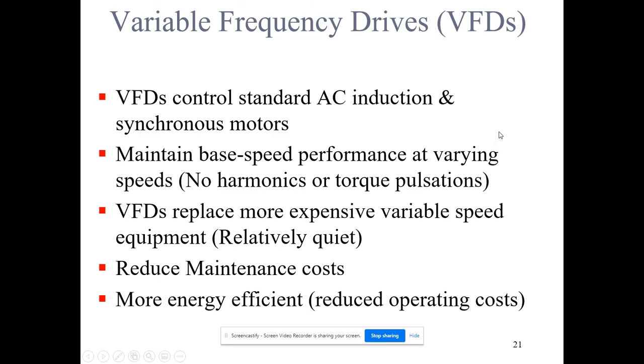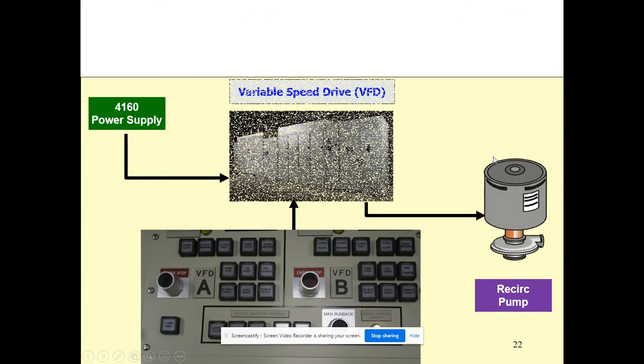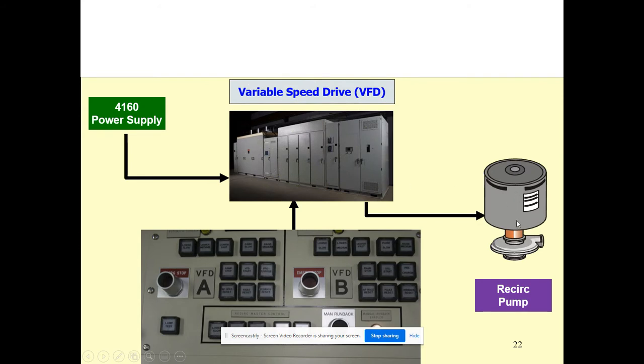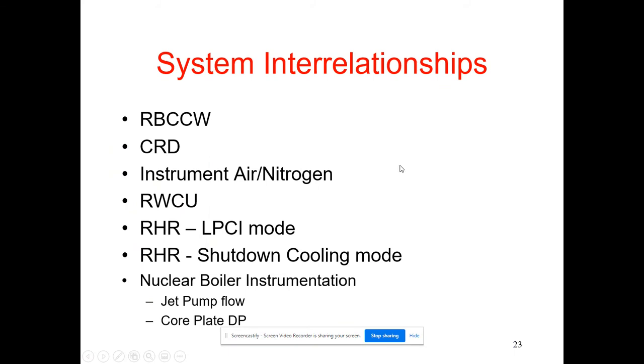It's a really expensive machine to just basically be able to vary the speed on this relatively simple pump. Again, this thing is the size of a school bus, so that we can turn this dial. I actually don't see the dial on here, but there's a small dial that changes the speed that the recirc pump is going to spin at. So all these different slides, you're going to see these interrelationships.